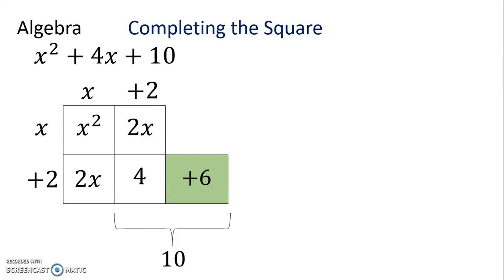And now what I can say is that this expression here, this quadratic, will be equal to x add 2 squared and then add 6 so that I get the full amount of 10 that I need. So that's why this is called completing the square. I'm going to create a square and then I'm going to add or subtract to that square whatever I need to make it equal to my original expression.